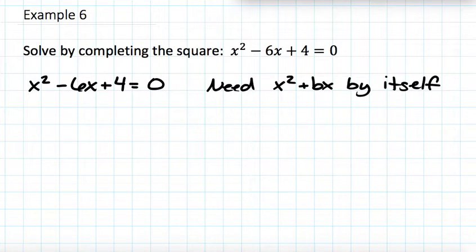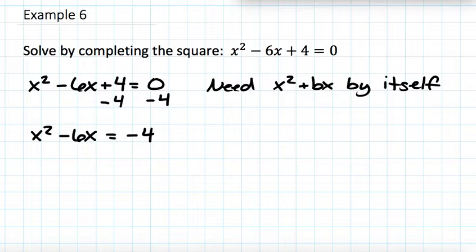So the constant that I have here, the plus 4, I need to move that to the other side first. Sometimes it'll already be written in this format with x squared plus bx by itself. Sometimes you'll have to do that as a first step. In this case, I have to do it as a first step. So I move the 4 over, I have x squared, and I have the bx by itself.